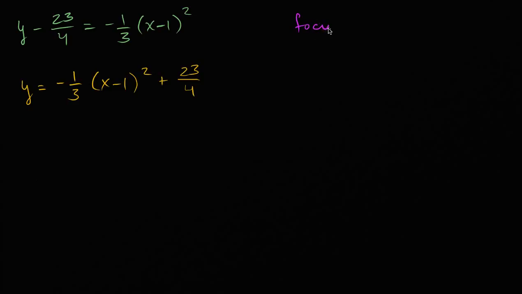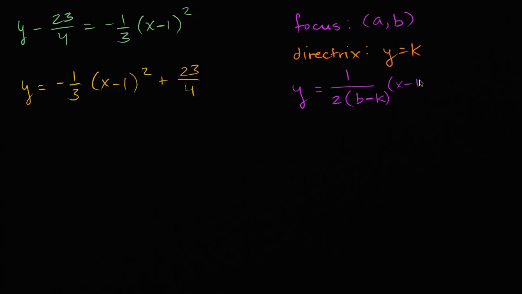If the focus of a parabola is at the point (a, b), and the directrix is the line y equals k, we've shown in other videos with a little bit of hairy algebra that the equation of the parabola is y equals 1 over 2 times (b minus k), where b minus k is the difference between this y coordinate and this y value, times (x minus a) squared plus (b plus k) over 2.